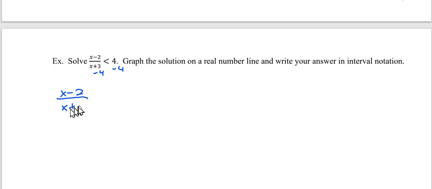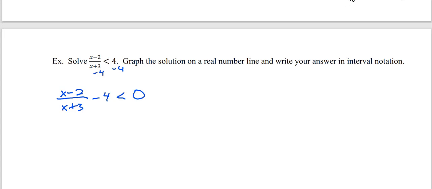x minus 2 over x plus 3 minus 4 less than 0. My challenge here is that this is not a rational function as it's written. A rational function is a single polynomial over a single polynomial, one fraction.